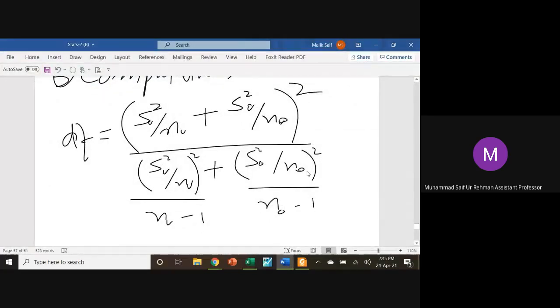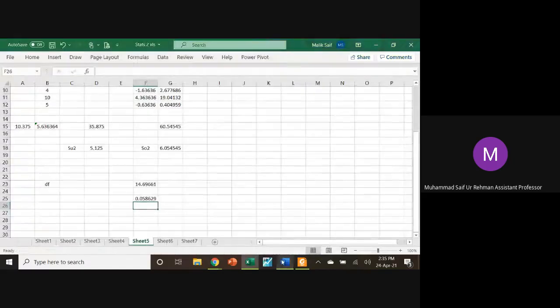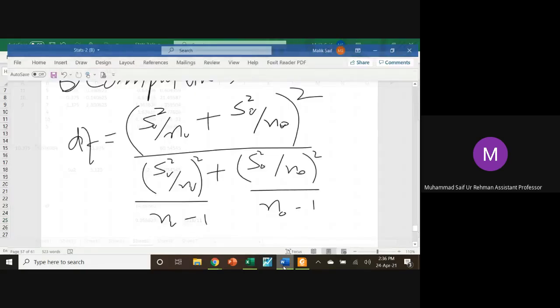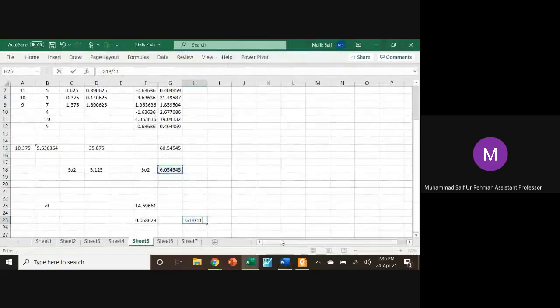And for this term, separately calculate. How will you calculate? Equal to SO square divided by NO. So NO is 11 divided with 11. And you have to take the square of this whole term.